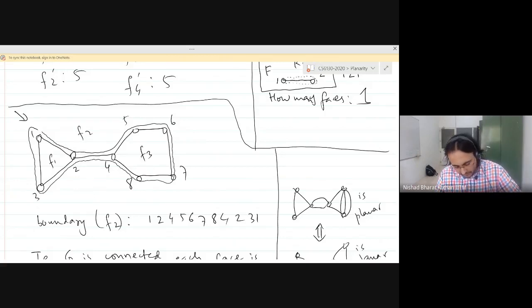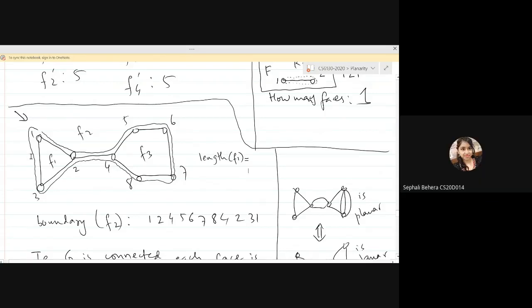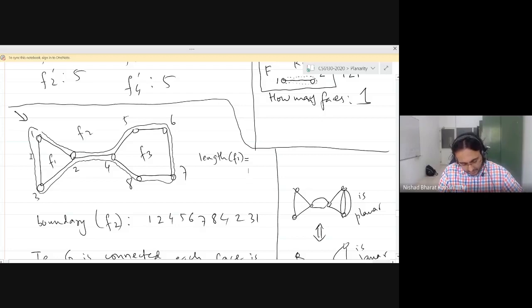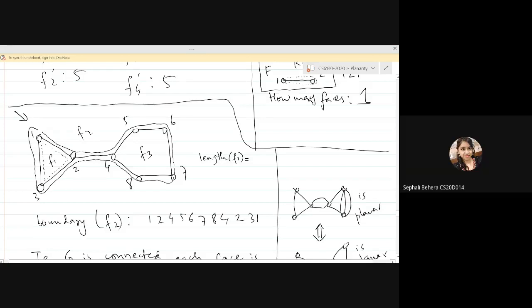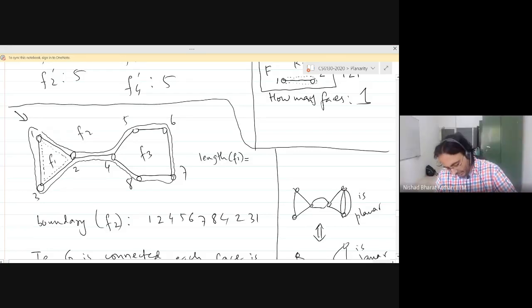What is the length of F1? Four. You want to think about it again? You start here, you go here, and then you go here. So what is the length? Oh, sorry. 3. Thank you.